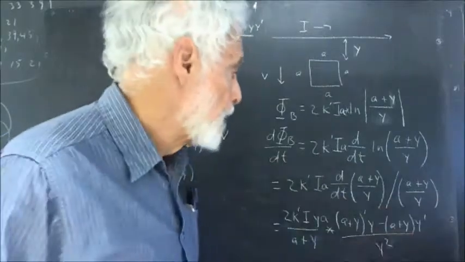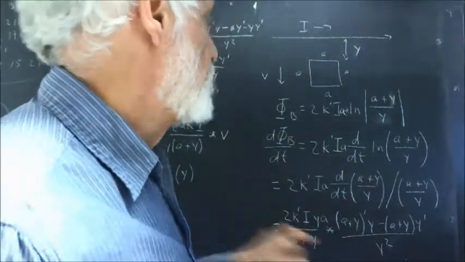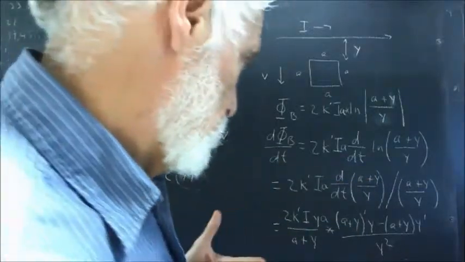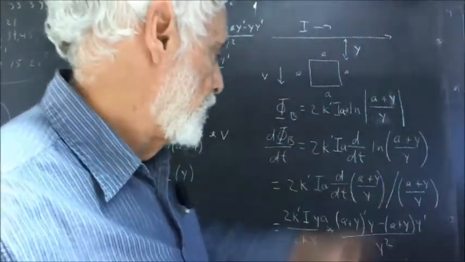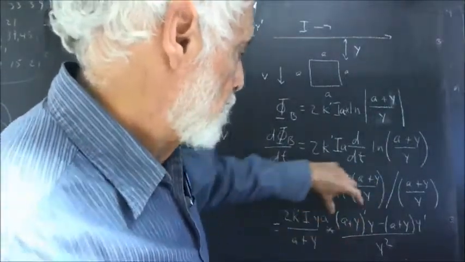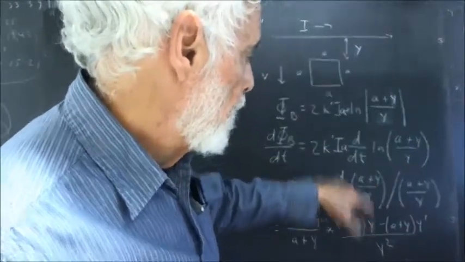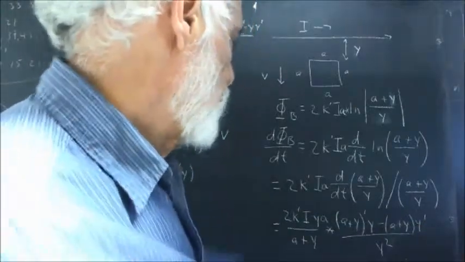We get this. Now the only derivative we have to take is the derivative in this expression. Y is the only thing that's changing again. So when we take the derivative here, we're going to use the quotient rule: derivative of the numerator times the denominator minus the numerator times the derivative of the denominator, over the denominator squared.